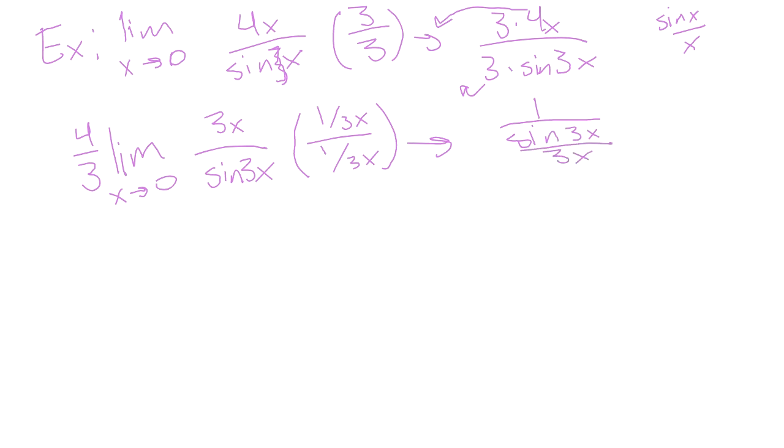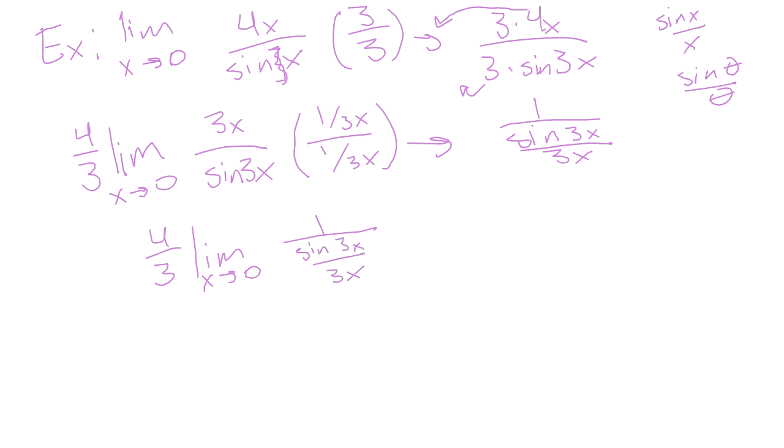Now we are in our form where we have a sine of theta over theta. So now we have our new equation, which is the limit as x approaches 0, and we have in our numerator 1, and once again we are down to just sine of 3x over 3x.